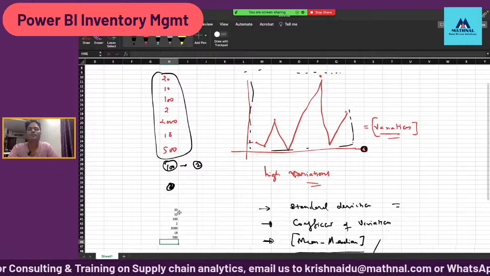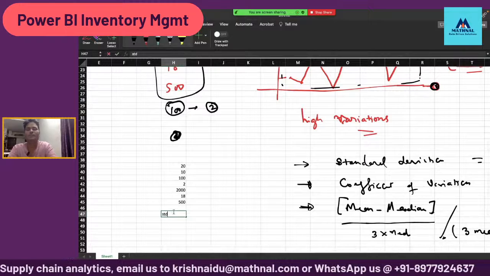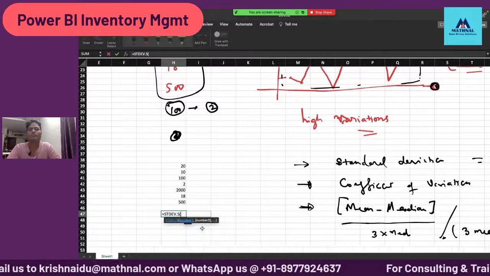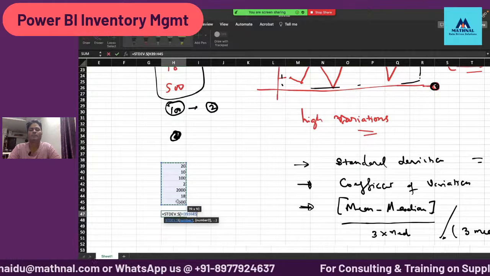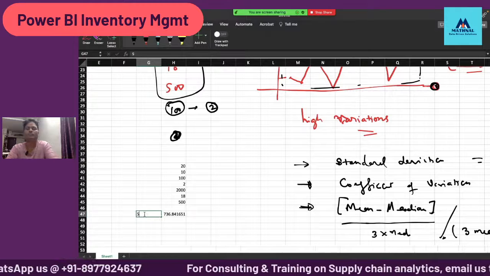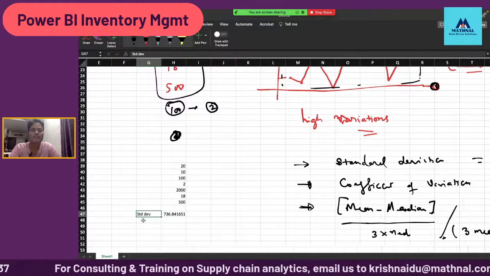This is our data. I want to find the standard deviation of this, so STDEV.S of my data. So 736 is my standard deviation. What is the meaning of this? Its meaning is that this is an average deviation.